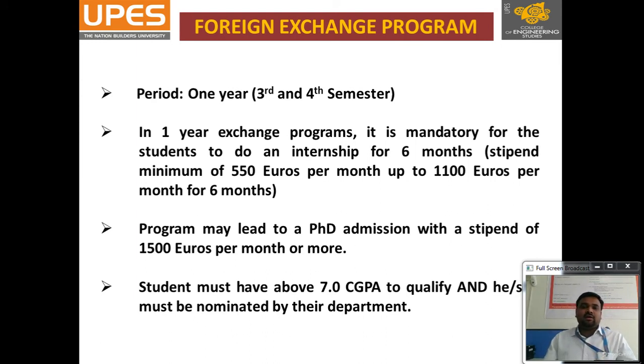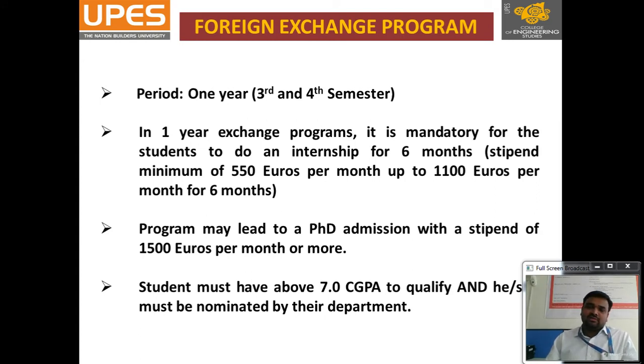In this case, the university is only offering the degree, not the university or place where you are going for your 1 year project at all these foreign universities. So, for our case, for MTech chemical engineering process design, we are having a 1 year full-time exchange program for third and fourth semester.